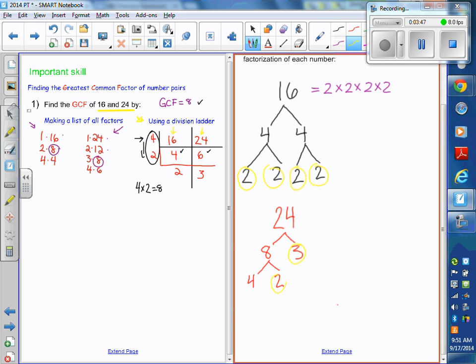Since 2 is prime, I circle it. Since 4 is not, I put another set of branches. Now I have primes. So my prime factorization of 24 is 2 times 2 times 2 times 3.